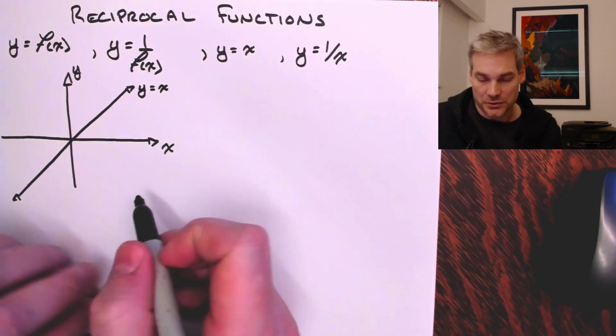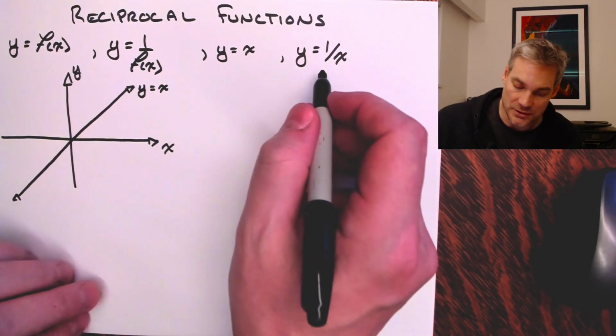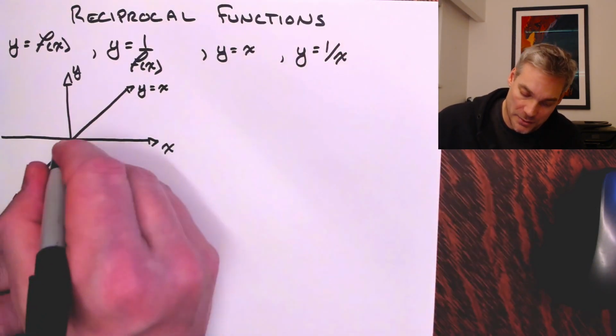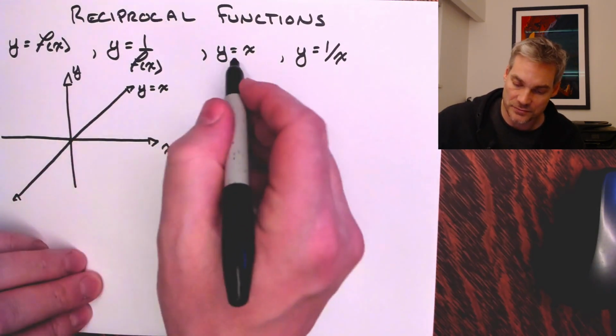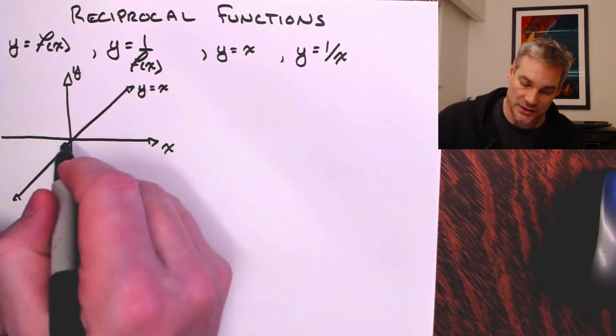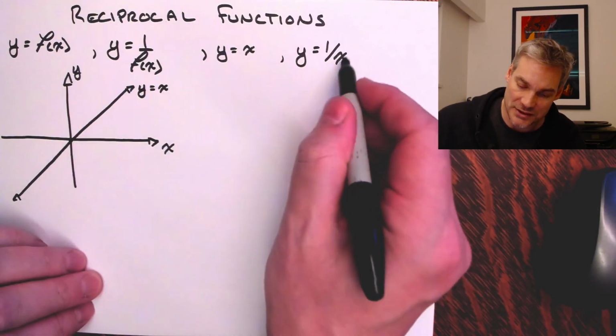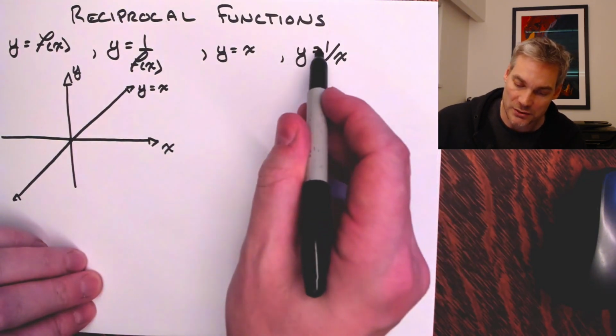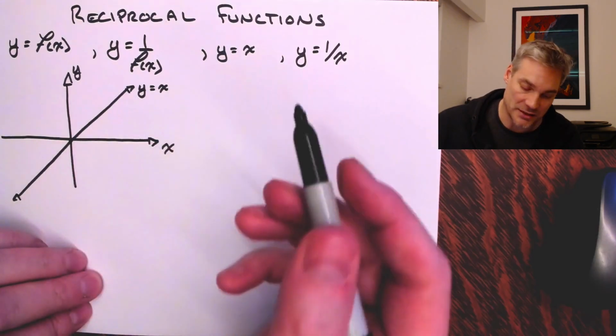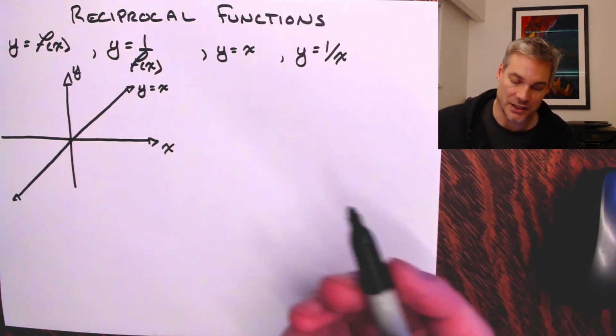Now, how would we draw the reciprocal? Well, what happens when x is 0? If x is 0, y is 0 for the original function. But if x is 0 here, I get y equals 1 divided by 0. So that makes no sense, right? We can't divide something by 0.